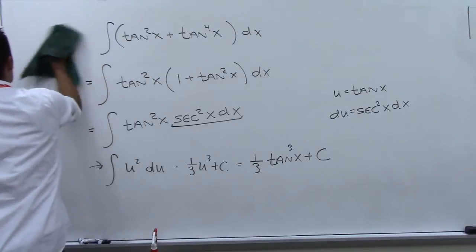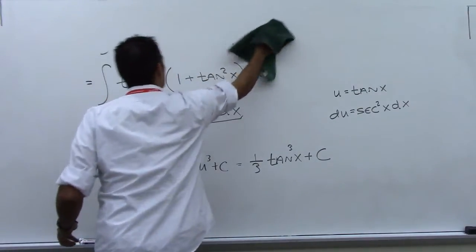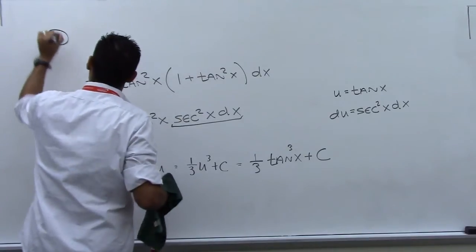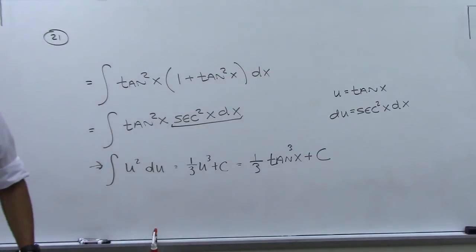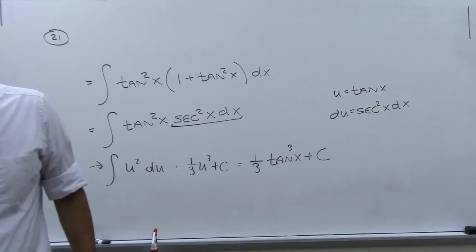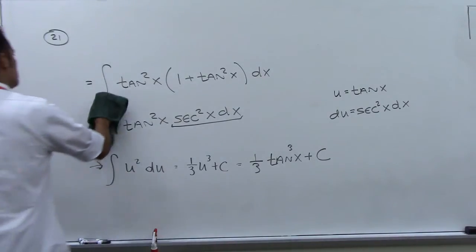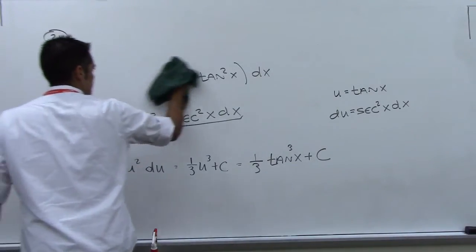All right, let's look at 21. Tangent to the fourth, secant to the sixth. This does not look fun.